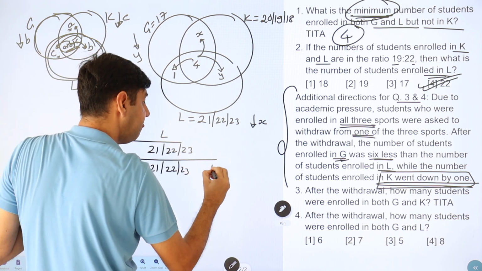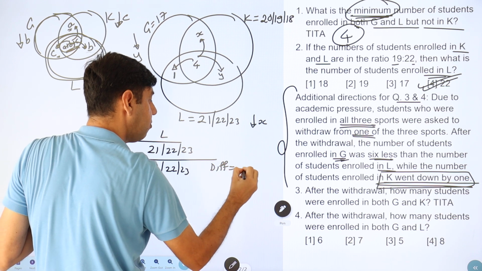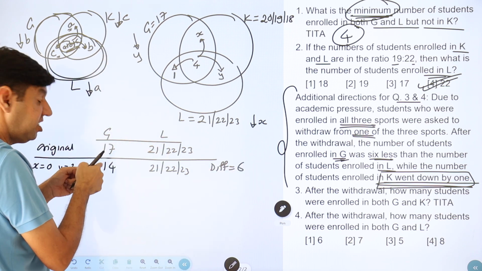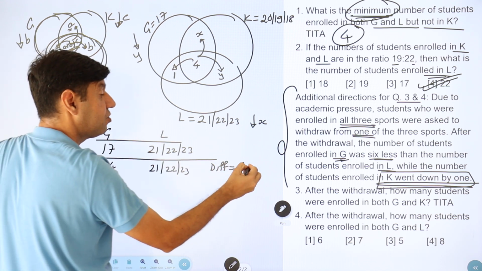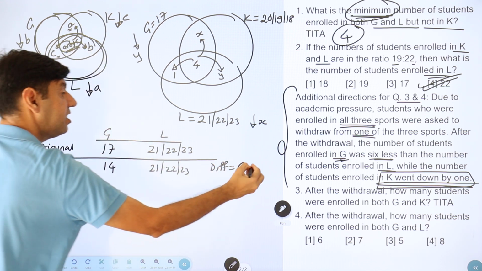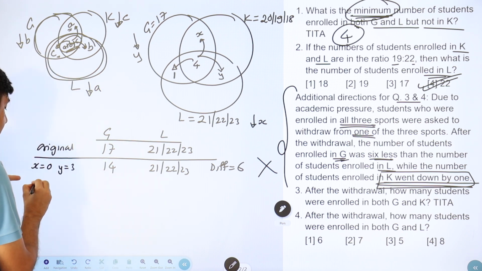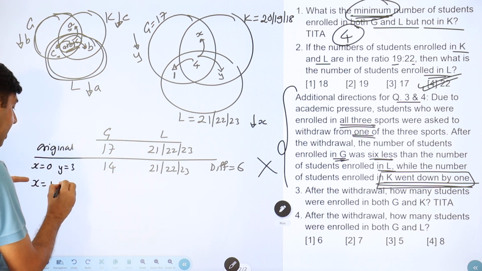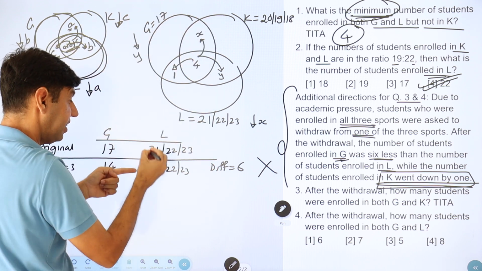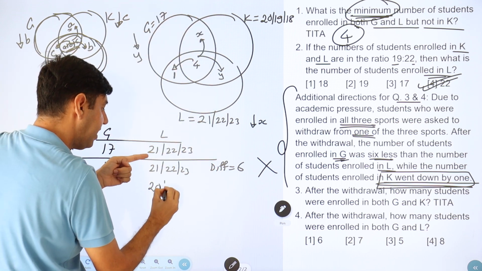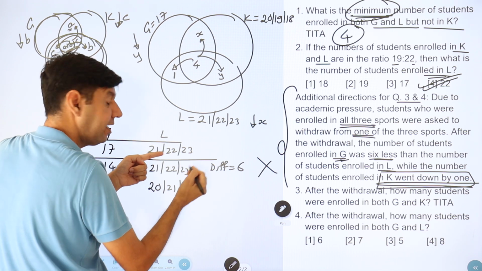Now tell me, is a difference of 6 possible between G and L? If G has to be 6 less, then L should have been 20, which is not possible. So this situation did not occur. Similarly, if X was 1, then Y would have been 2. If 1 left L, then L would have become either 20, 21 or 22.